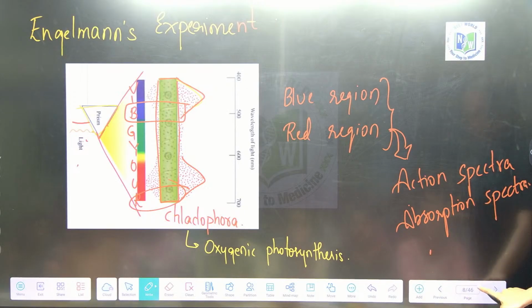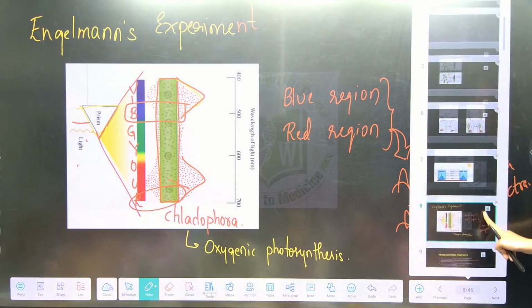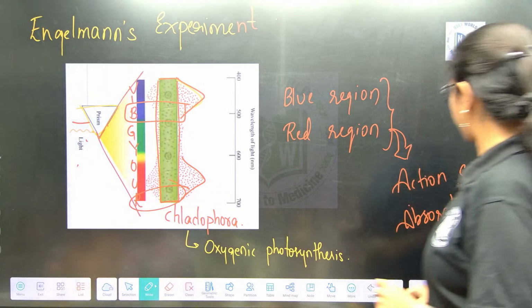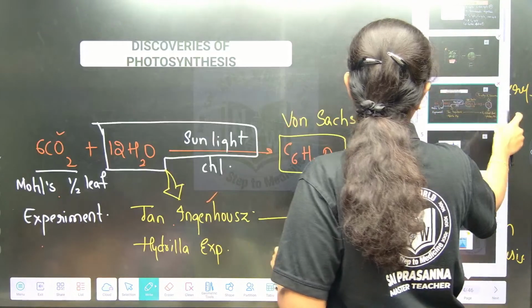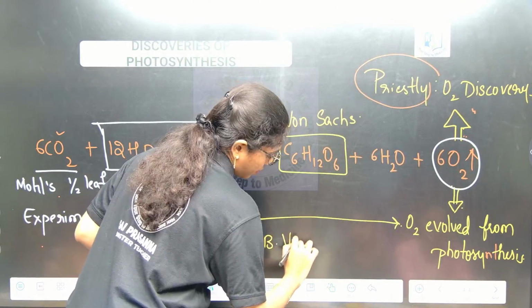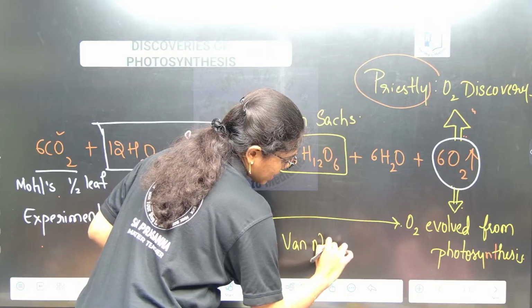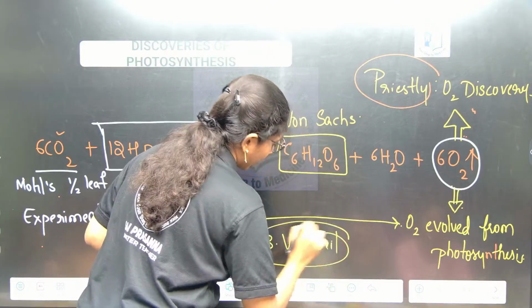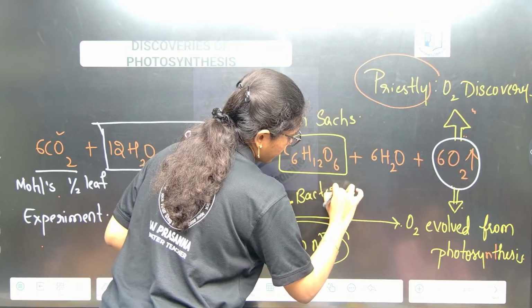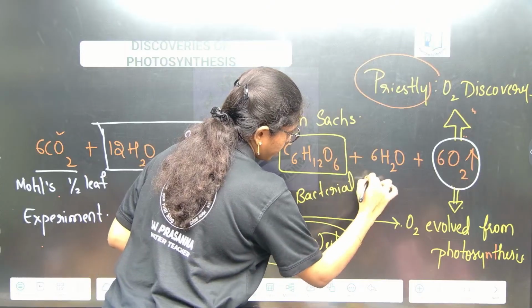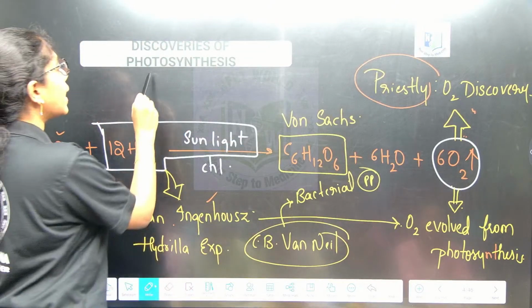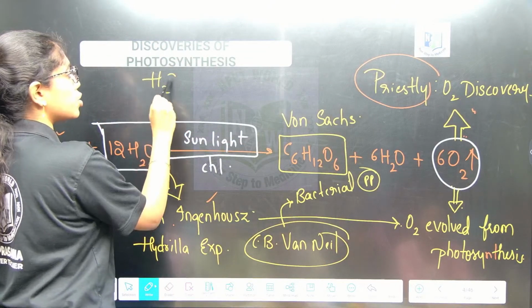Now, one more scientist, that is C.B. Van Niel. He conducted bacterial photosynthesis, where he said that the electron donor is H2S.